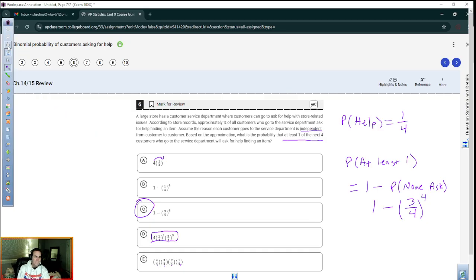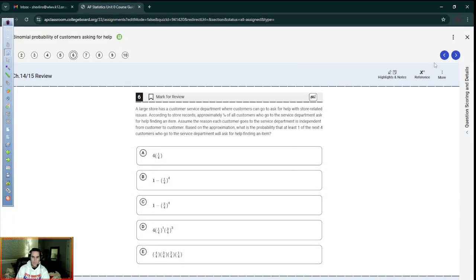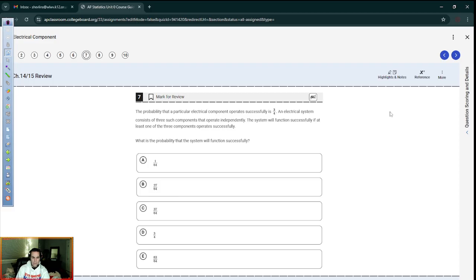So, okay. Next one, number 7. I think I accidentally gave you a second problem that was the same as that other one. It looks pretty similar to that first one we did.